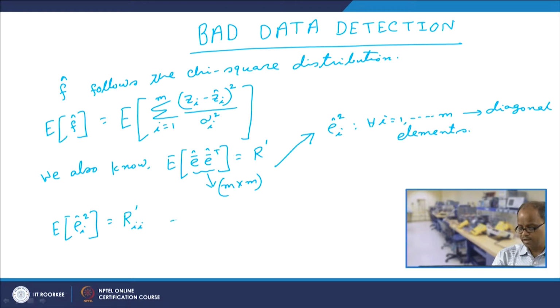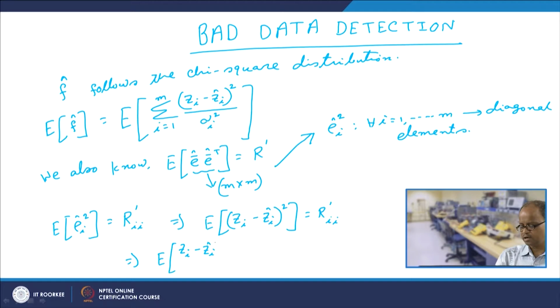So, we can say that the expected value of (Z I minus Z I hat) square is equal to R I dash. Therefore, the expected value of (Z I minus Z I hat) square by R I dash is equal to R I dash by R I dash, which is equal to 1.